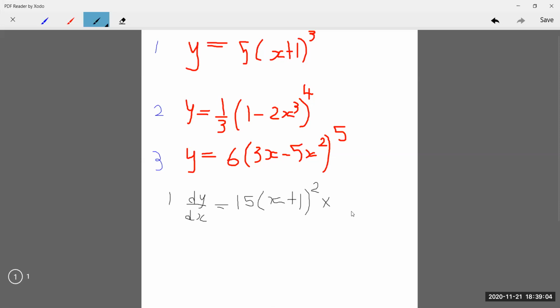If you multiply everything by 0, it would just be 0. What do you get when you differentiate x? 1. Times 1. Very good. When you differentiate 1, what do we get?